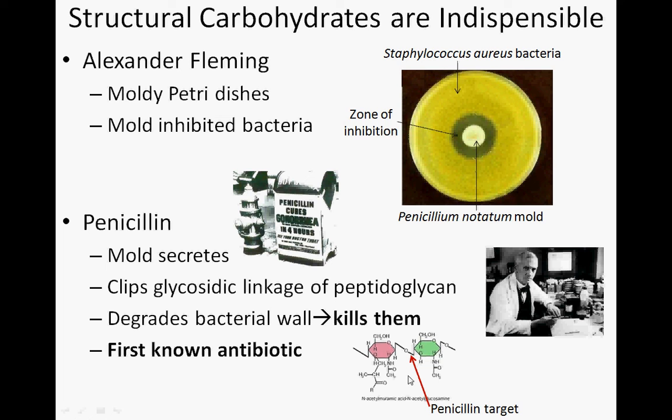Since peptidoglycan makes up a bacterial cell wall, and bacteria tend to rely on their cell walls to hold them together, if you start cutting their wall apart, that's bad, and it makes you become dead. That is why penicillin is an effective antibiotic, but it also happens to be a beautiful natural example of how critically important structural carbohydrates are to the cells that make them.